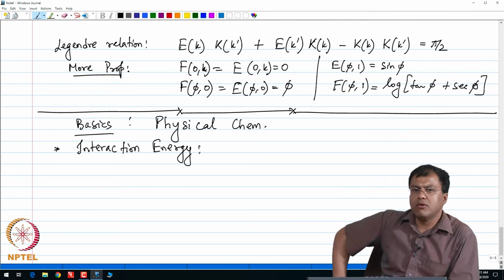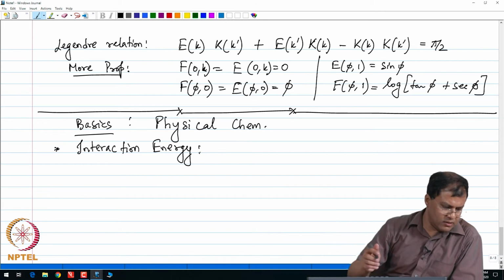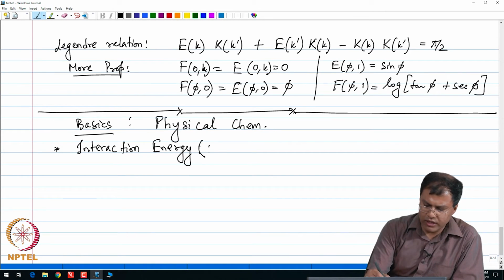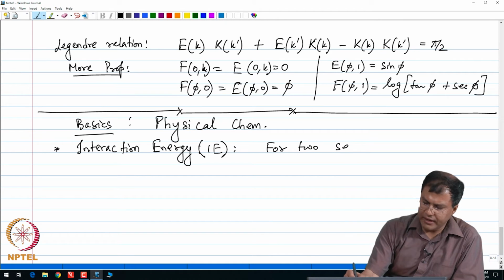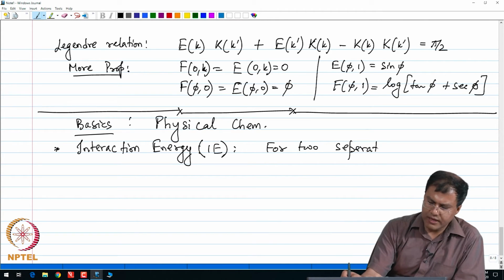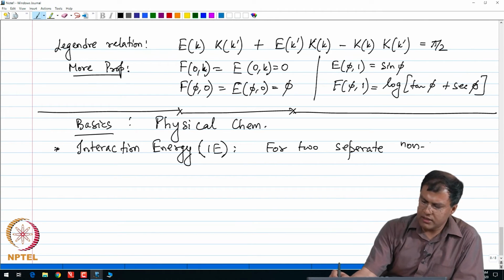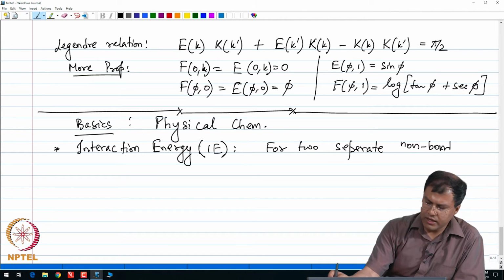We just talk about the energy of interaction between two structures, for example, two molecules, two compounds which are not bonded to each other. I denote this by the shorthand IE, and these are for two separate non-bonded molecular structures.